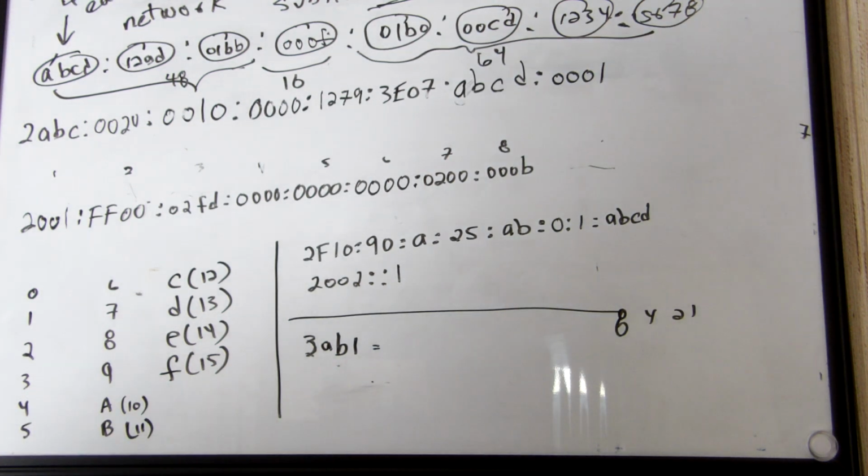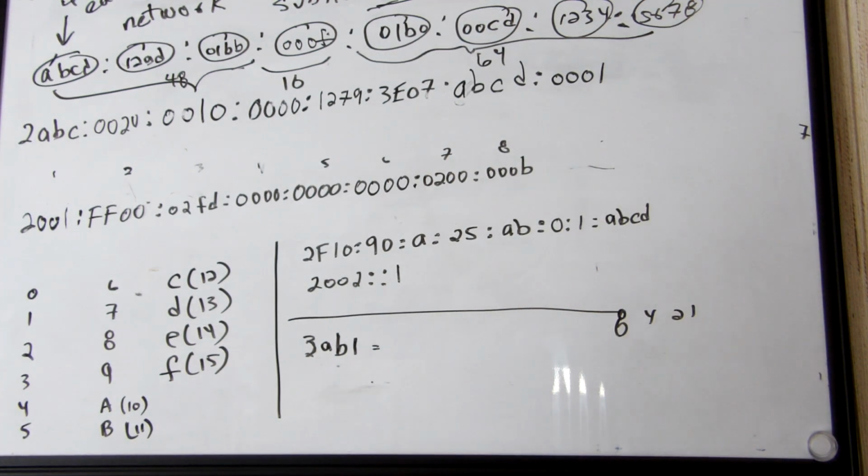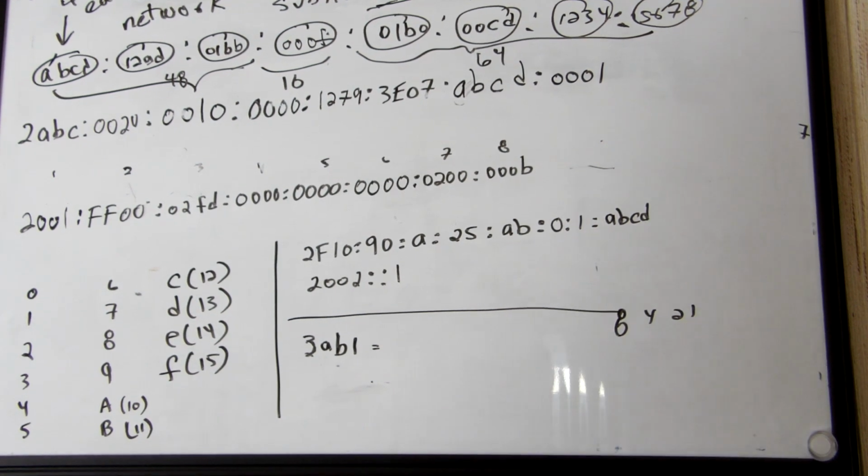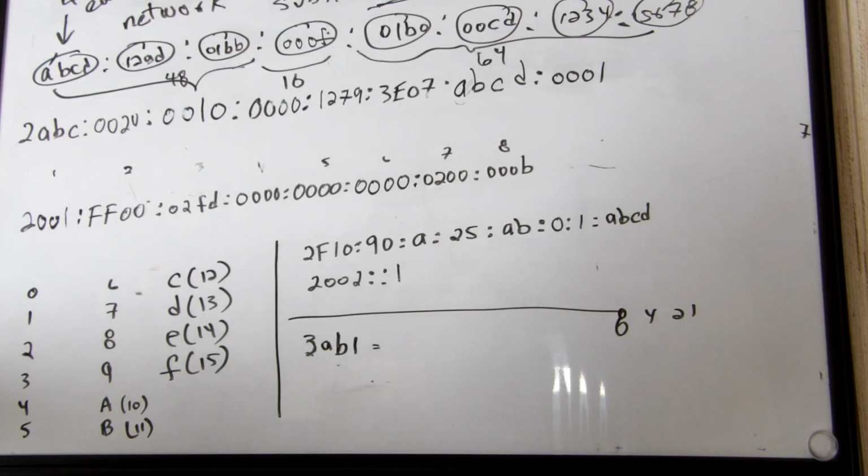Because we are running out of IPv4 addresses, more and more people are starting to use IPv6.